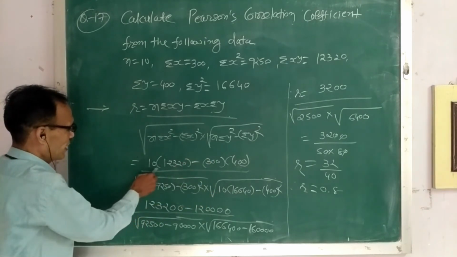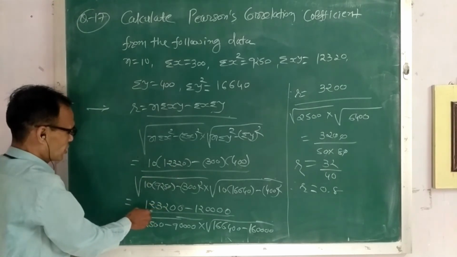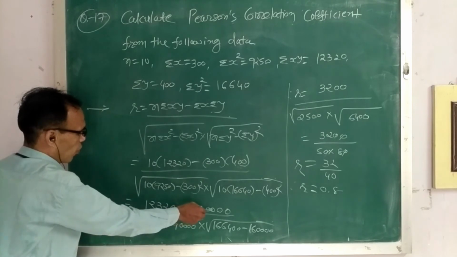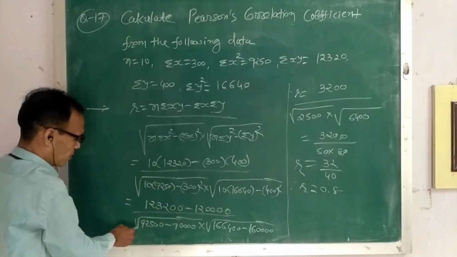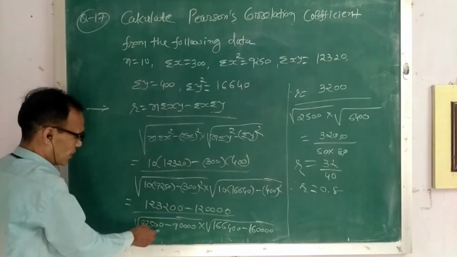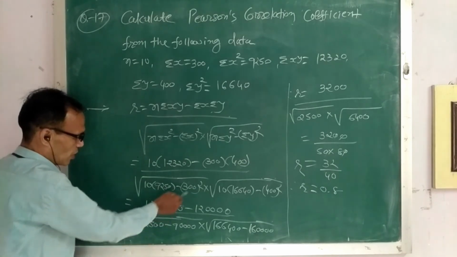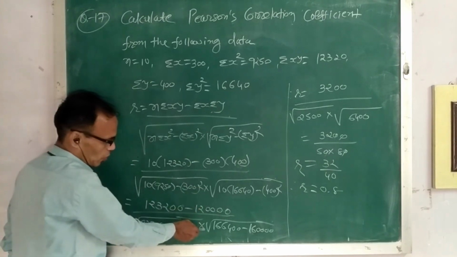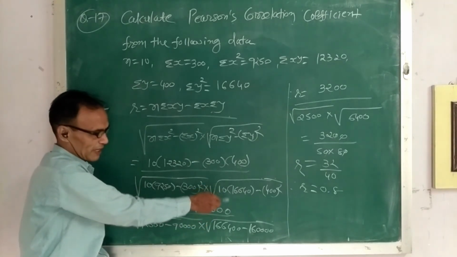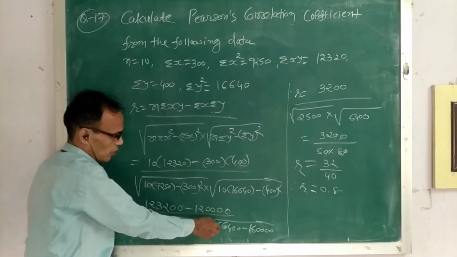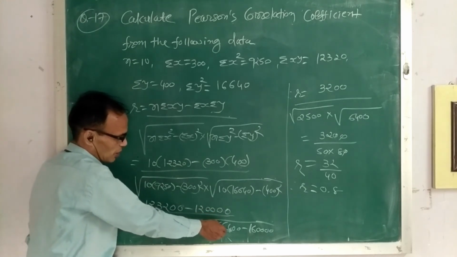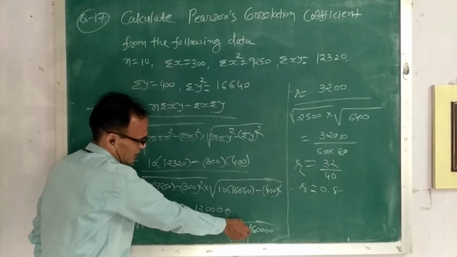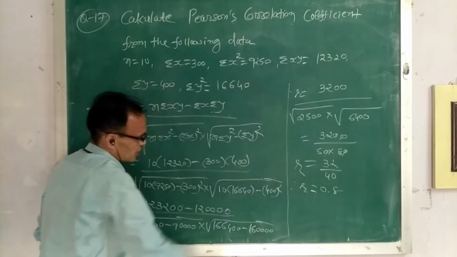This is equal to 10 into 12320 minus 1240, upon root of 9250 into 10, that is 92500, minus 300 square, 90,000, into root of 10 into 16640, minus 400 square, 160000.